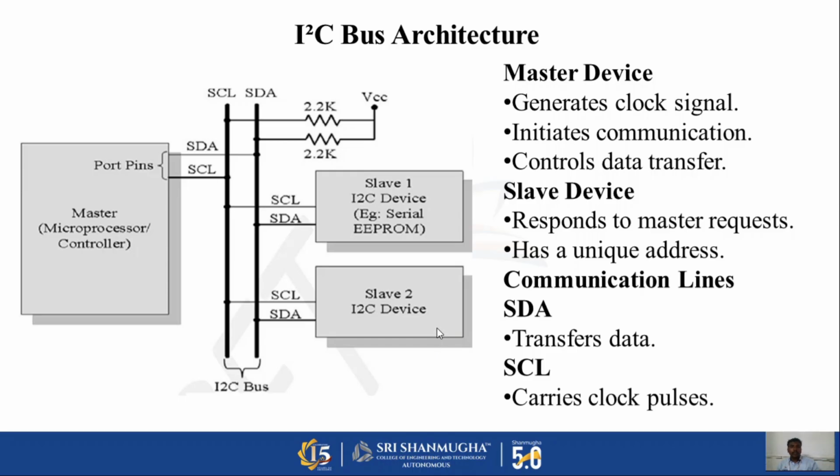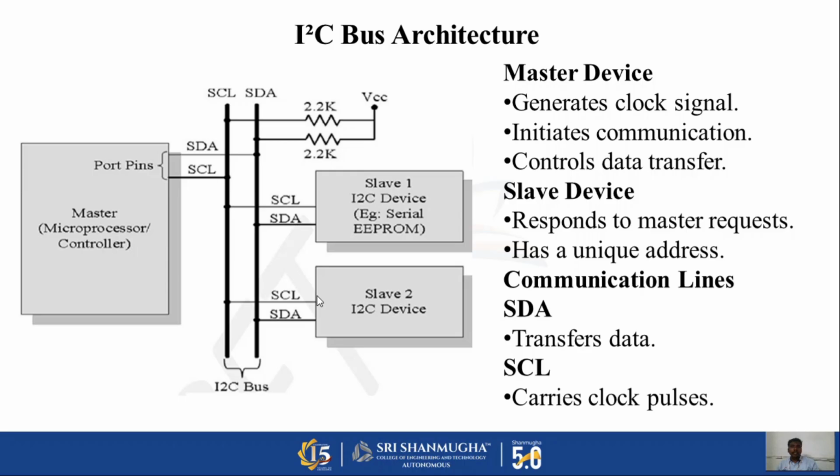Communication occurs through two common lines known as SDA and SCL. The SDA line transfers data bits. The SCL line provides clock pulses for synchronization. One important feature of I2C is that multiple slave devices can share the same SDA and SCL lines.